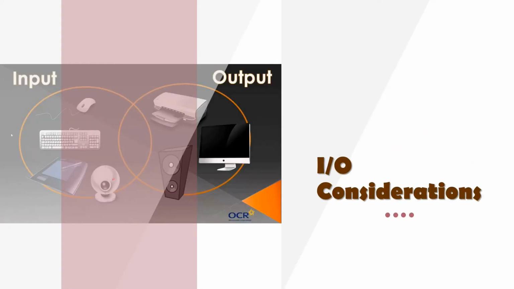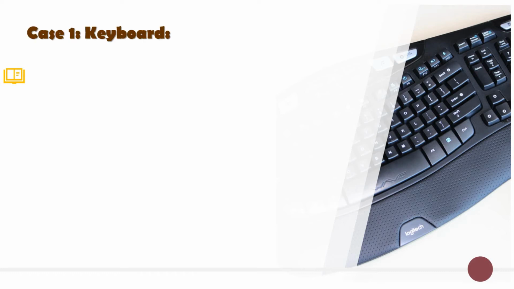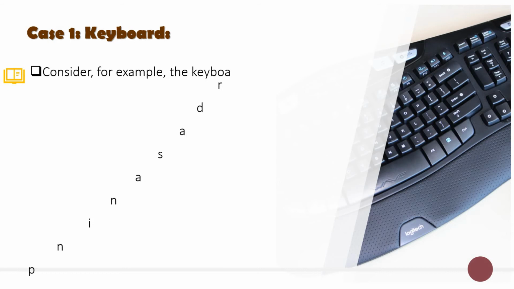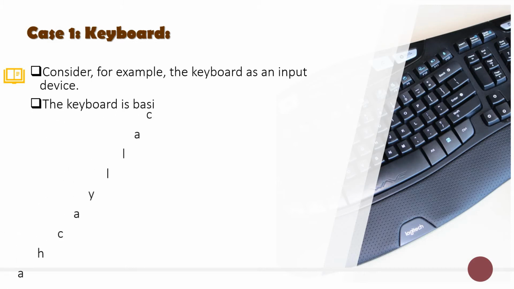I/O considerations. Speed and coordination issues. Case 1, Keyboard. Consider, for example, the keyboard as an input device. The keyboard is basically a character-based device.